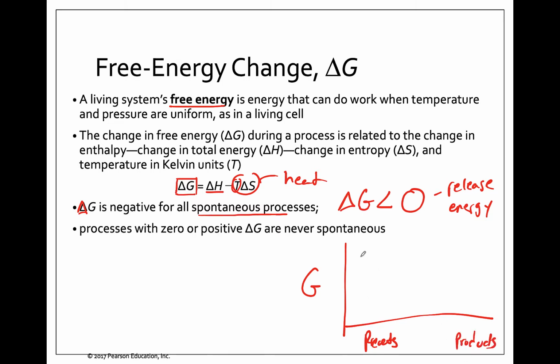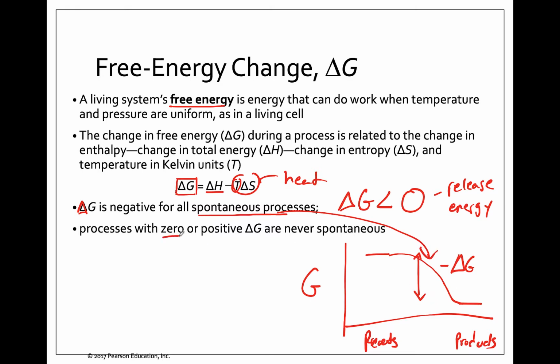If the reactants have a very high free energy and the products have a lower free energy, the difference between these, when we go from a big number to a small number, is basically going down a hill, right? We're going to get a negative delta G. So this will be something that is spontaneous.